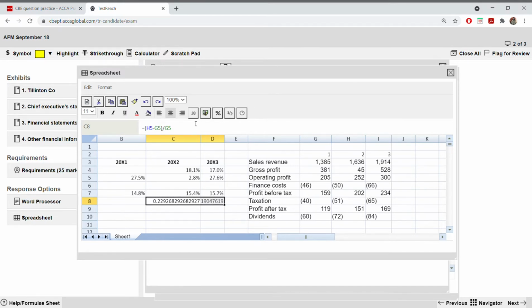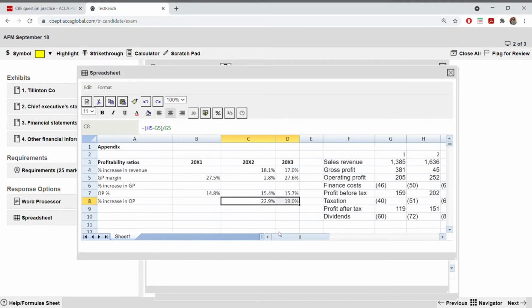And you can take this in terms of, okay, 22.9 and 19, which is correct. Okay, so we are done with gross profit.